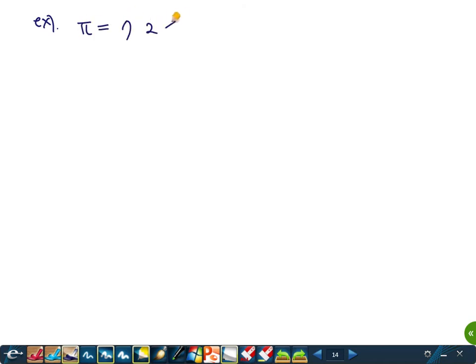7, 2, 4, 1, 6, 5, 9, 3, 8. Okay? So what is the inversion sequence of pi? Let me write the sequence. Let me write their positions just for convenience.